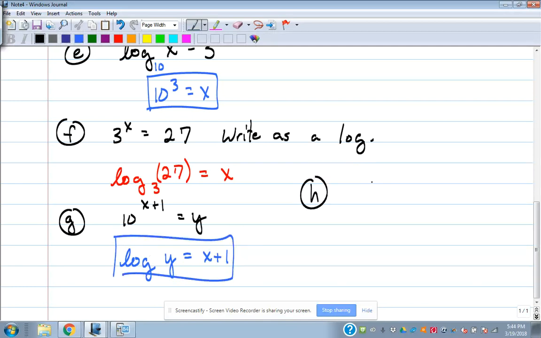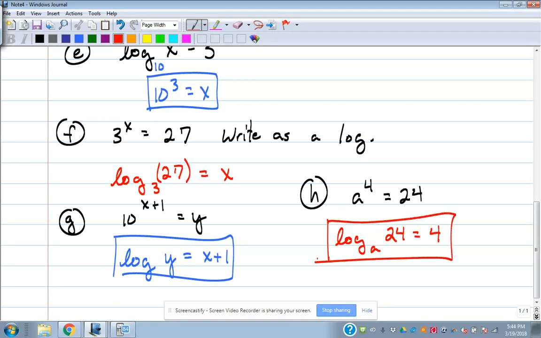Then, a to the fourth equals 24. Log base a. Yeah. So even when the base is not a number, we could rewrite it as a log. Okay.